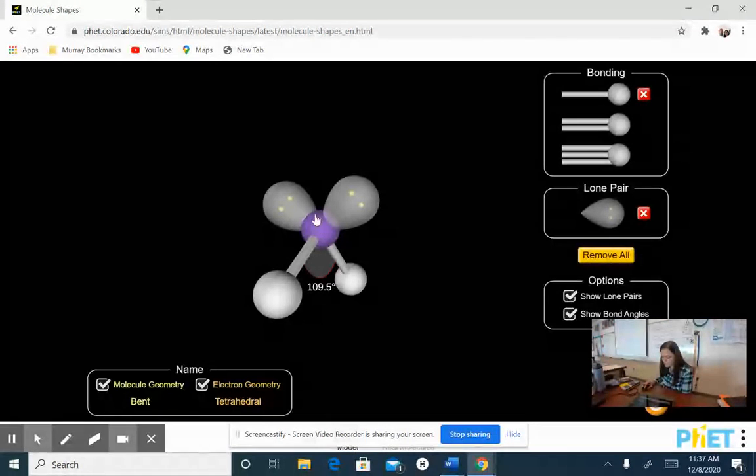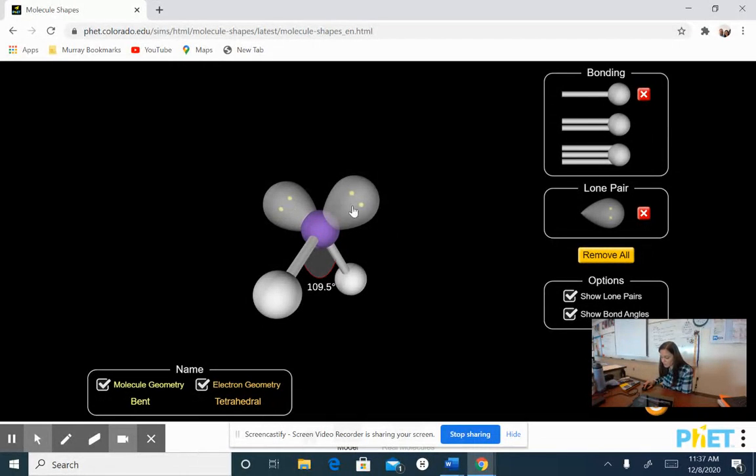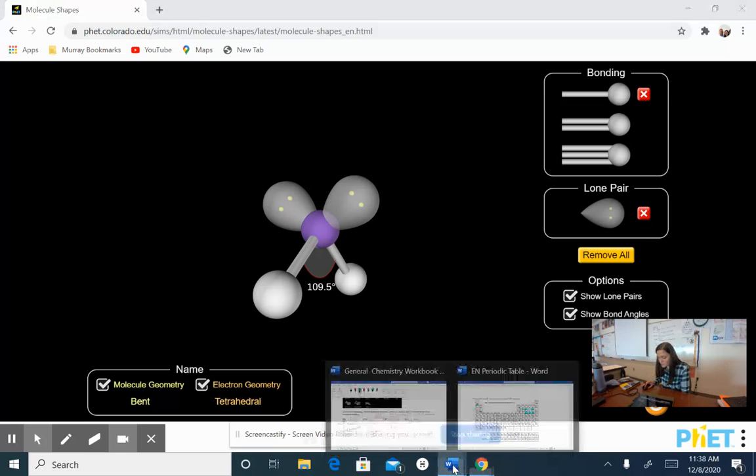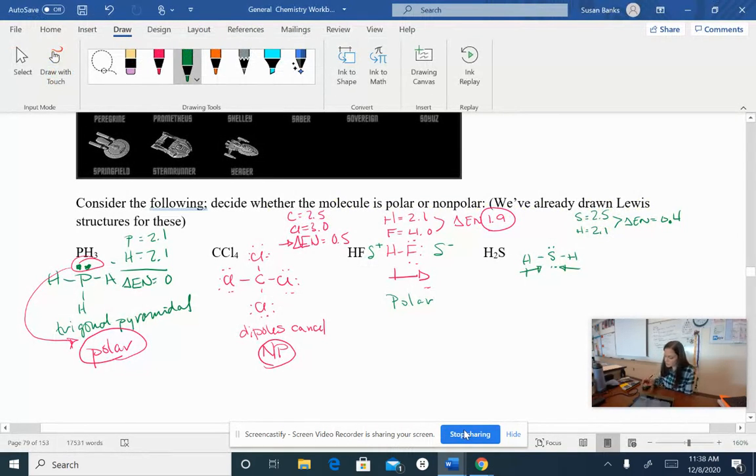And then I also have these electrons on the sulfur. So wouldn't it make this whole end of the molecule with sulfur negative, and this end of the molecule with the hydrogens positive? It would. So this is going to be polar. Okay? So because of that shape, this will end up being polar.